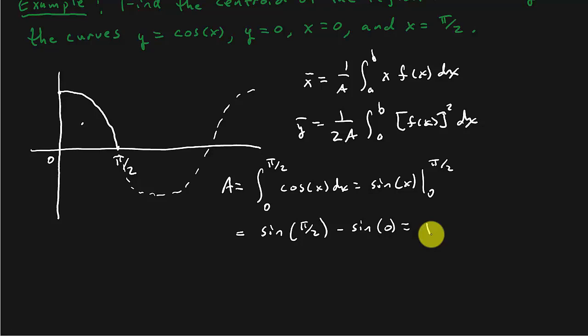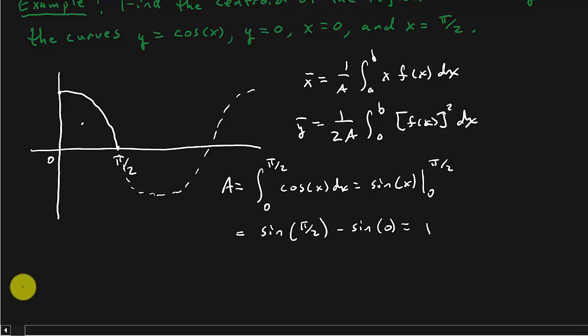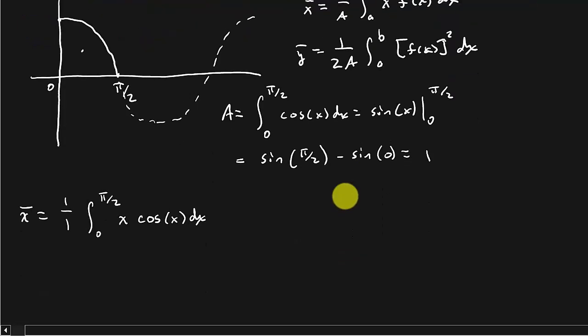All right, so now let's find x bar. So that's going to be 1 over A, and we're going to go from 0 to pi over 2, and that's going to be x times f of x, which is cosine x dx. All right, and so we need to integrate this thing.